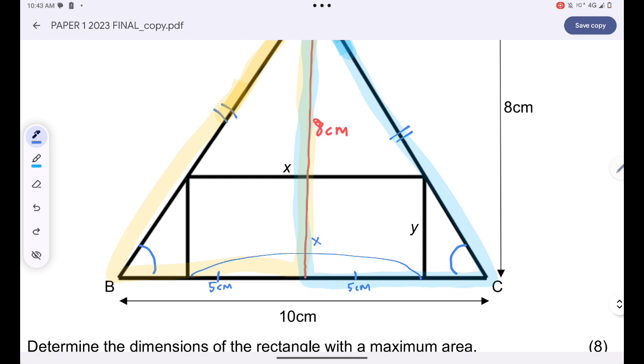So this length over here will be equal to that length over there. That will be 10 minus 1/2 x, and I also have 10 minus 1/2 x, such that whenever I add everything over there, I should get an answer of 10.